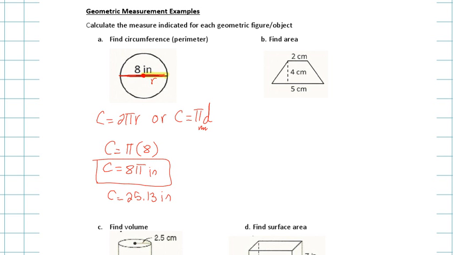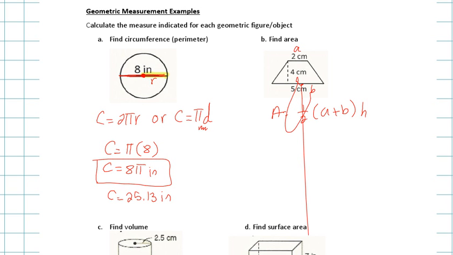If you look in the figure, a and b are your 2 parallel lines. Which one is a, which one is b, which one is h? A is 2 and b is 5 and h is 4.